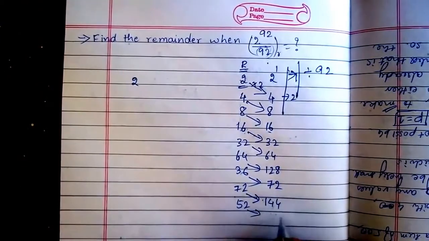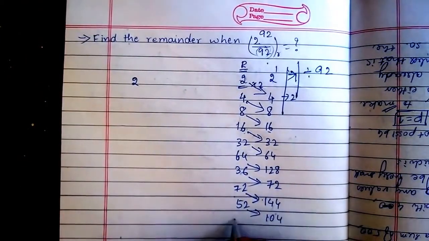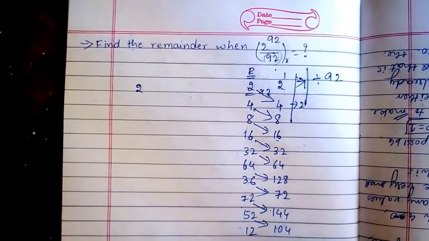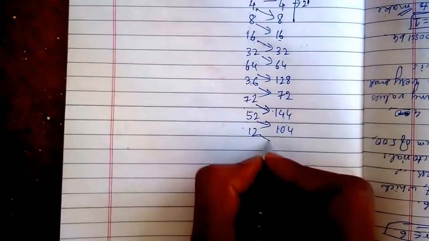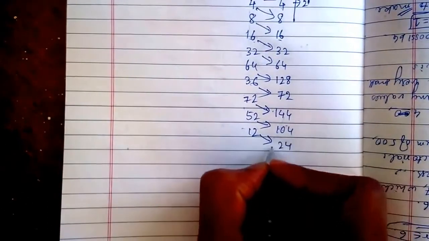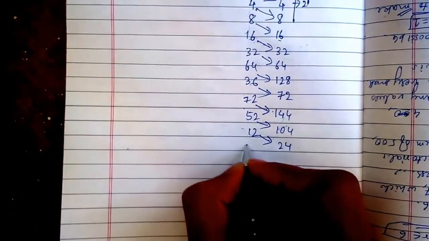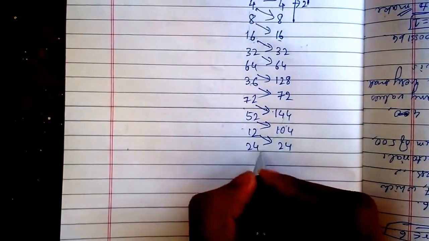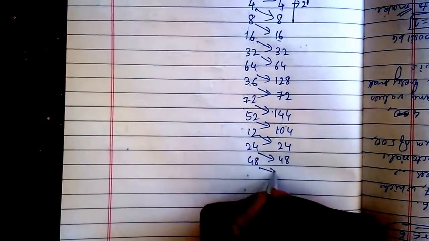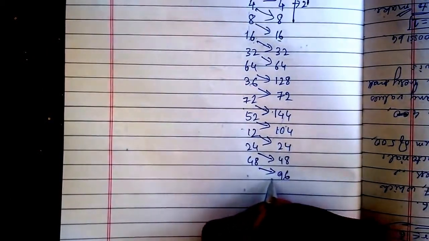Into 2 should give us 104, and the remainder now is 12. And proceeding further, we have 12 into 2, 24, and it gives a remainder 24 itself. And into 2 should give us 48. 48 itself is a remainder. Into 2, 96, and the remainder is 4.